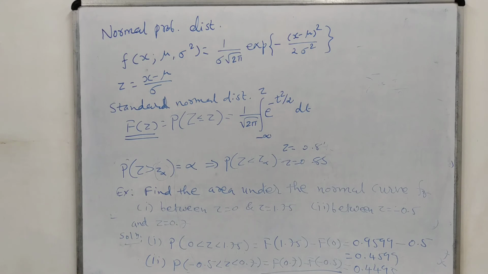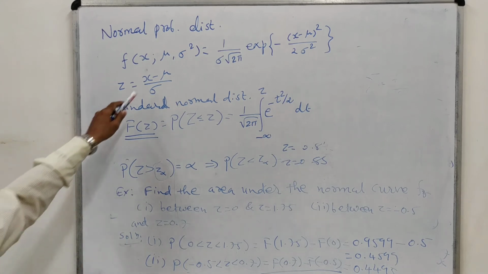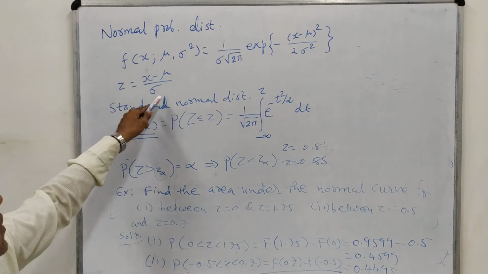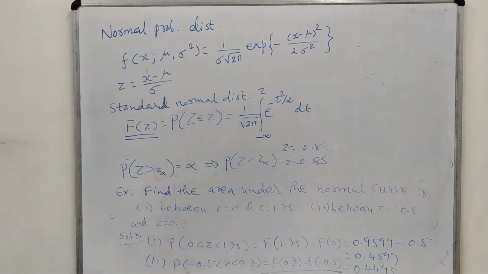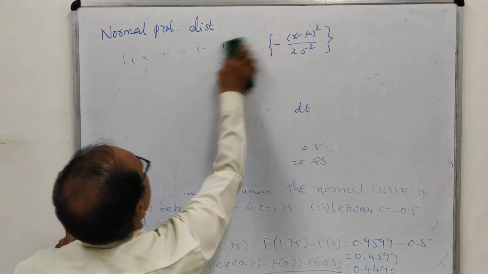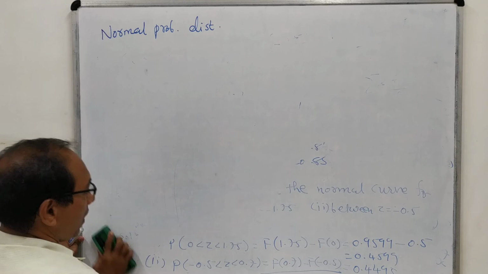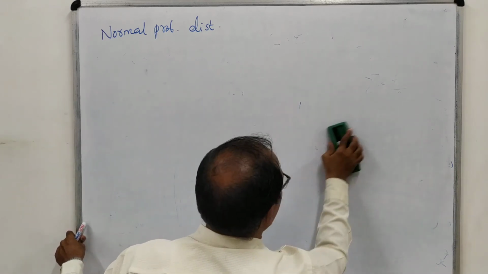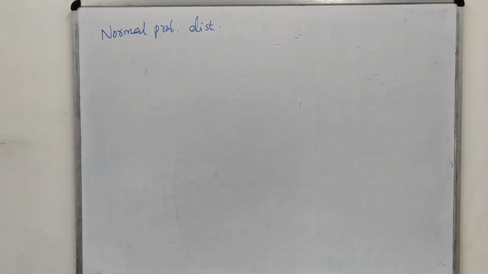If you are given the value of x, then you need to convert it in terms of z by using the formula z equal to x minus mu over sigma. If you don't remember these formulas, it will do, because in examinations we will use the formula of integration only. The two examples I have shown are only for the knowledge of how to use the table.